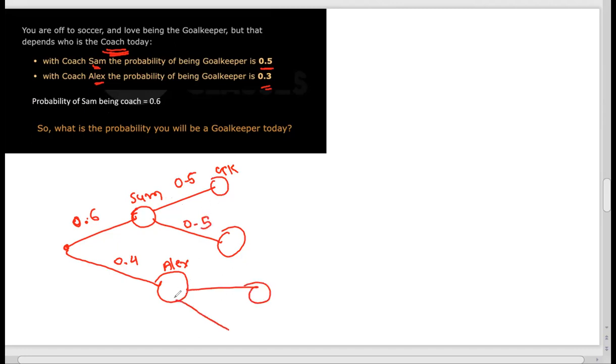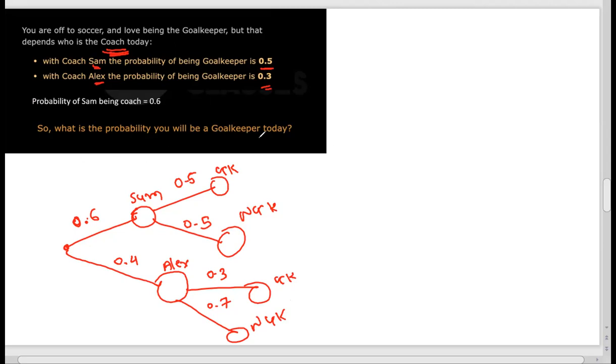Same for Alex: being a goalkeeper is 0.3, and the reverse is 0.7, not goalkeeper. This is with coach Alex.